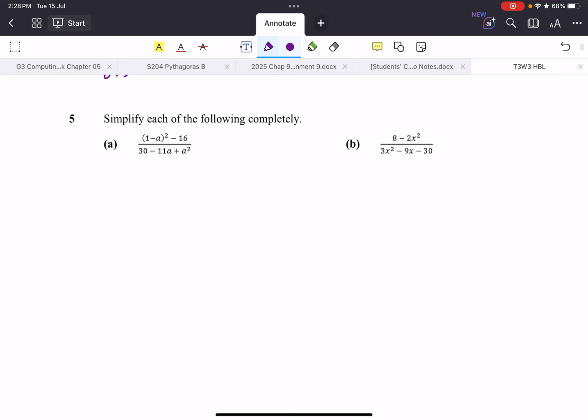Simplify each of the following completely. Well, we know what to do about simplifying this. We try to factorize. So let's see if we can factorize this. 1 minus a squared minus 16 over 30 minus 11a plus a squared, right?